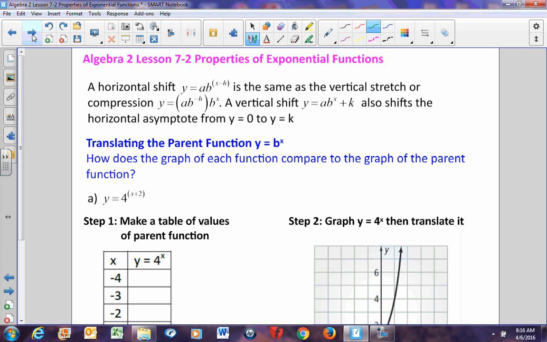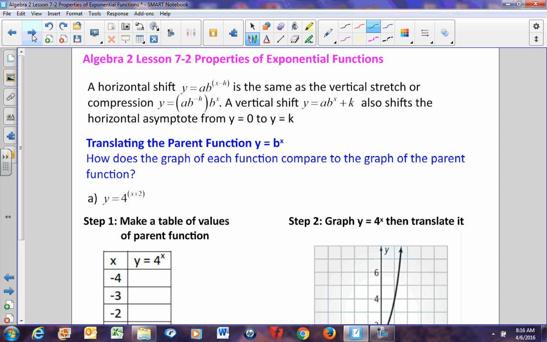So if you have a vertical shift, it will shift your asymptote as well. The same number of units that you shift your graph, your asymptote will shift that many units. So if your shift is vertically up 2, your new asymptote is going to be y equals 2 rather than y equals 0.